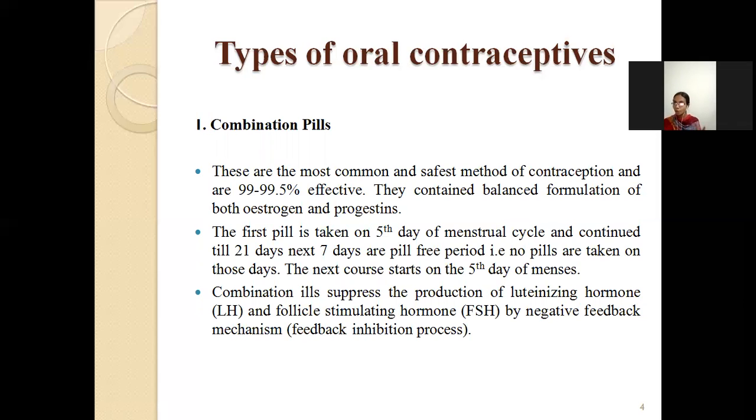How should we take this drug? The first pill should be taken on the 5th day of the menstrual cycle. Basically, in ladies the menstrual bleeding continues for about 5 days. So on the 5th day this drug should be taken and continued for 21 days.